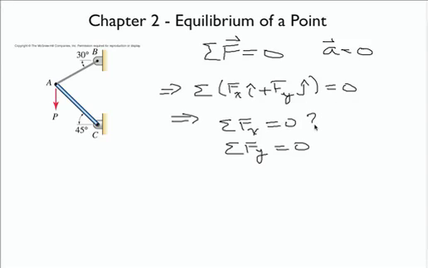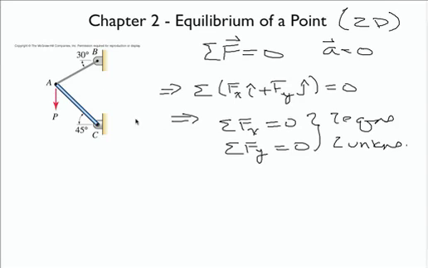So that gives us two equations, which means we can solve for two unknowns. One vector equation in 2D, and this is a key point we'll keep in mind, will give us two scalar equations: sum of forces in the x, sum of forces in the y.